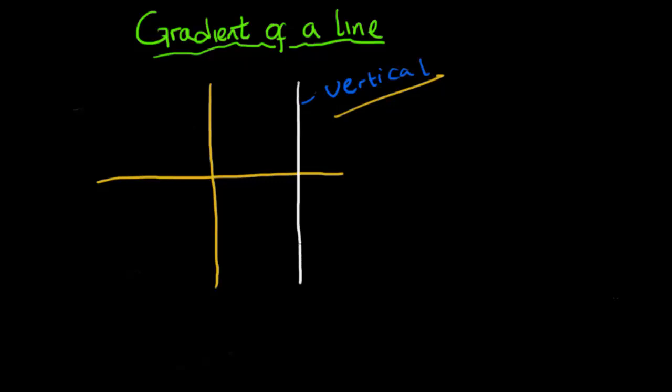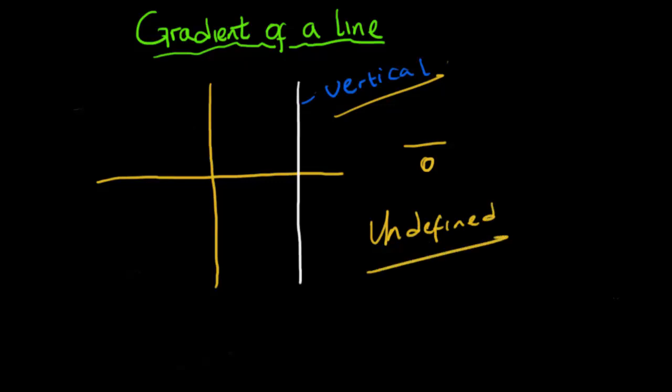Now, as you can see, a vertical line only has rise. It does not have runs. So what that means is that for the runs, we'll be having 0 beneath. It only has rise. So which means that the slope of a vertical line is undefined.